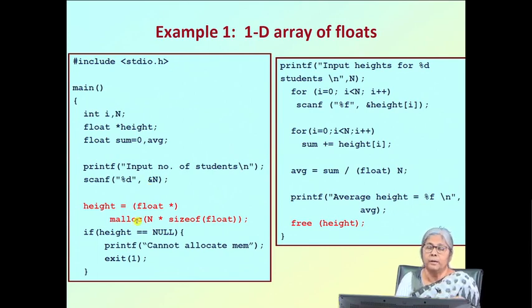Now, we want this memory to be allocated dynamically, that means dynamic memory allocation. Height is a pointer of type float. So height equal to, with typecasting to float *, malloc.